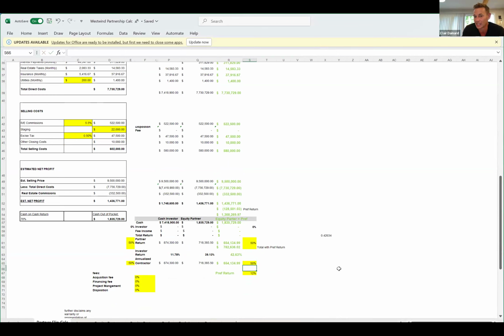Okay, so again, 780 with a 12% pref and half, I'm making 782. With no pref and 70%, it's at $1.5 million.